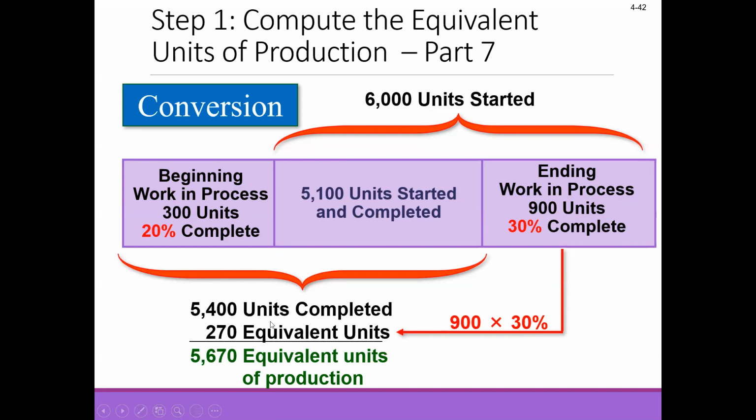We have to come up with the equivalent units in our ending work in process. 900 units times 30%, 270 units, gives us our equivalent units in production. We started 6,000. We didn't complete 6,000, but we started 6,000.